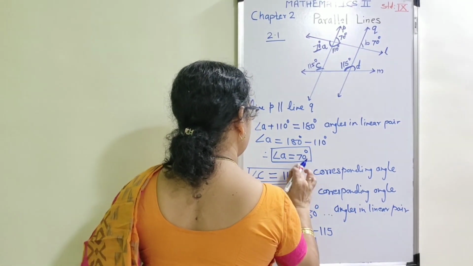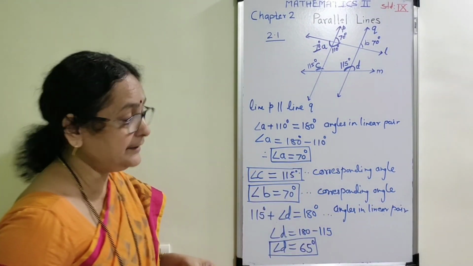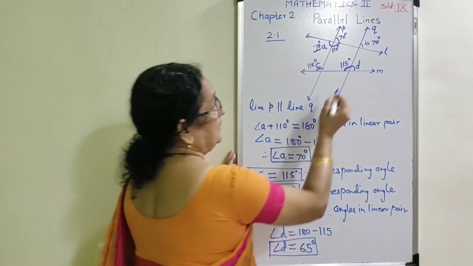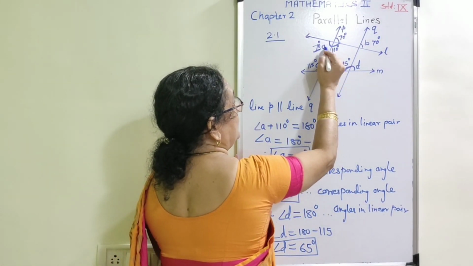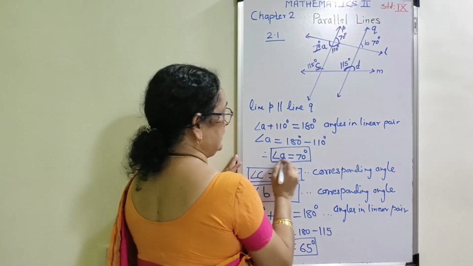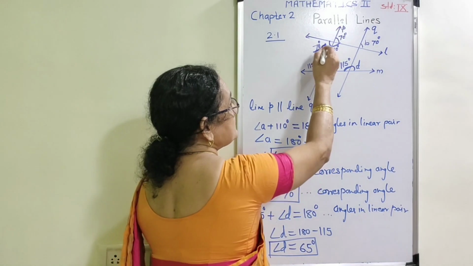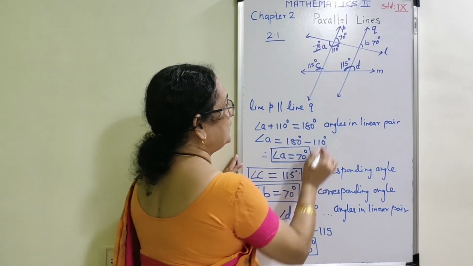A is 70 degrees. I am going to explain the entire example again. We have first of all A and 110 angles in linear pair. Therefore, measure of angle A is 70. Next, this is 115, angle C is 115.